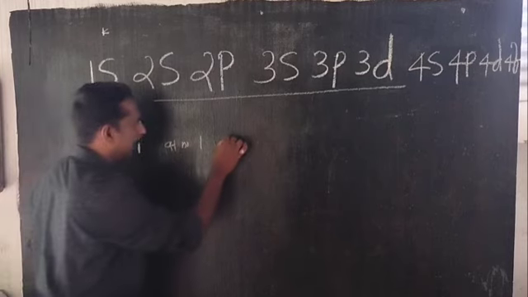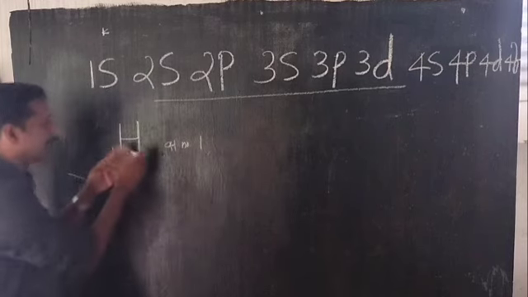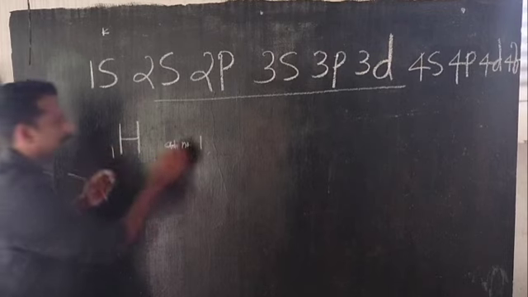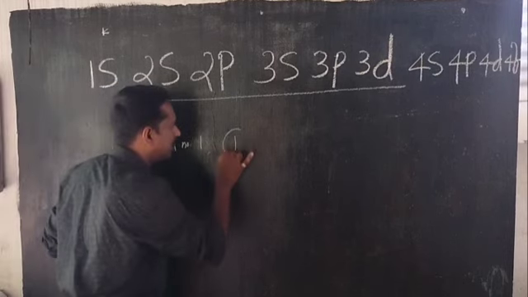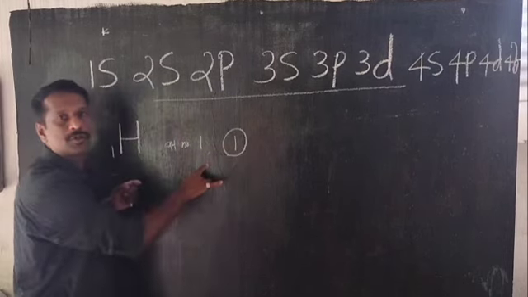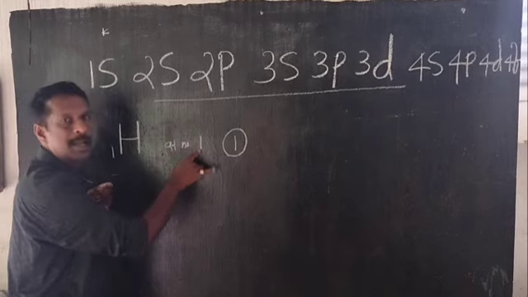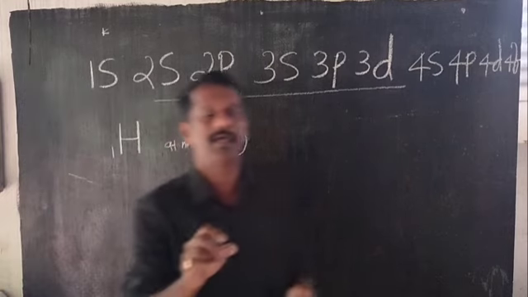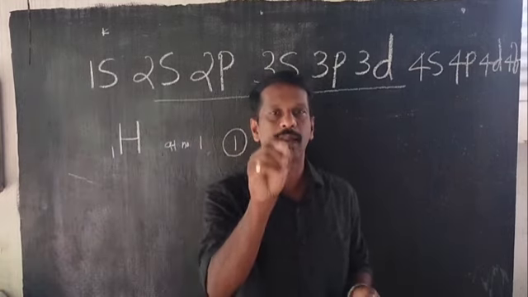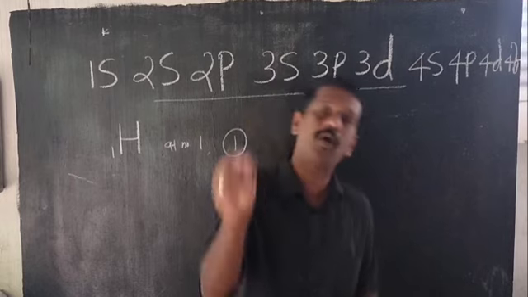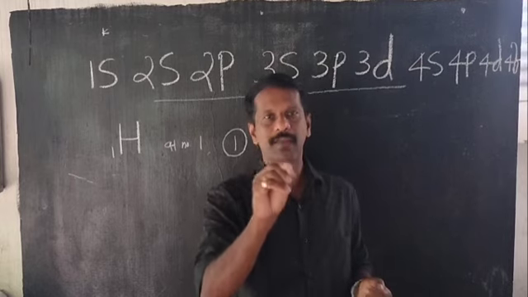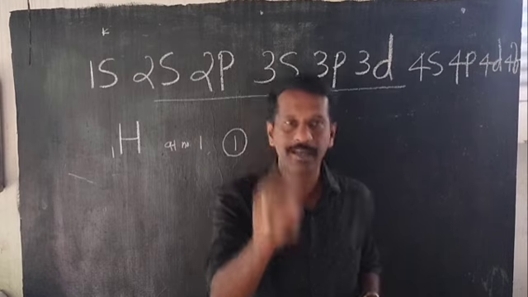That means the number of electrons in hydrogen is only 1. Atomic number 1 means that atom has 1 proton and 1 electron. So here we are considering only the number of electrons.